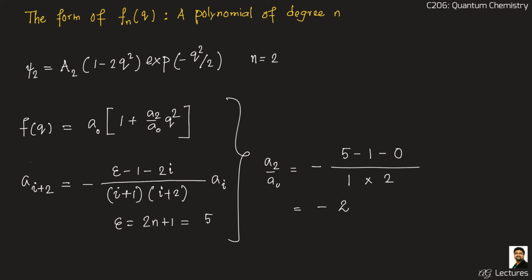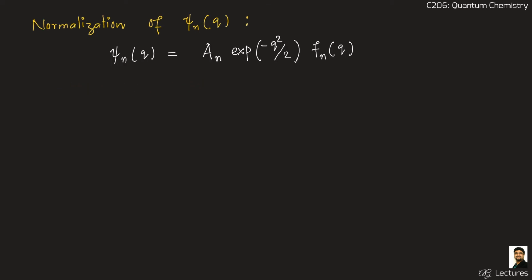So let's go back to the normalization of each of these psi n, and let's see how to normalize them. In a way, for a particular psi n, we have to find out the a n corresponding to that particular function. So for normalization, what we should get is that this integral from minus infinity to plus infinity of psi star n q psi n q dq should be 1.